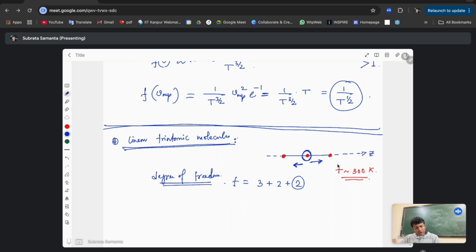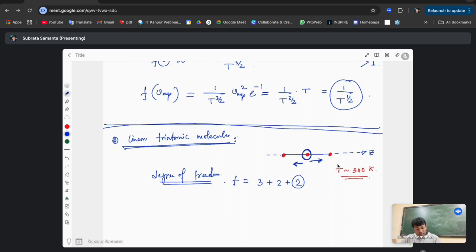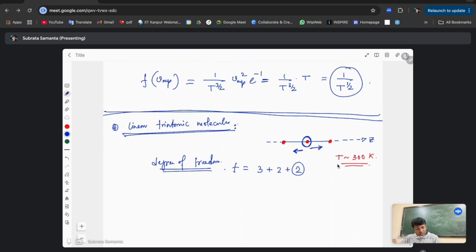No, I'm considering a 1D chain. So here there is a catch. First of all, the three atoms, that's why this is three. Because it's 1D, they can move in directions, three atoms independently. So that's why there are 3 degrees of freedom for the translational case.